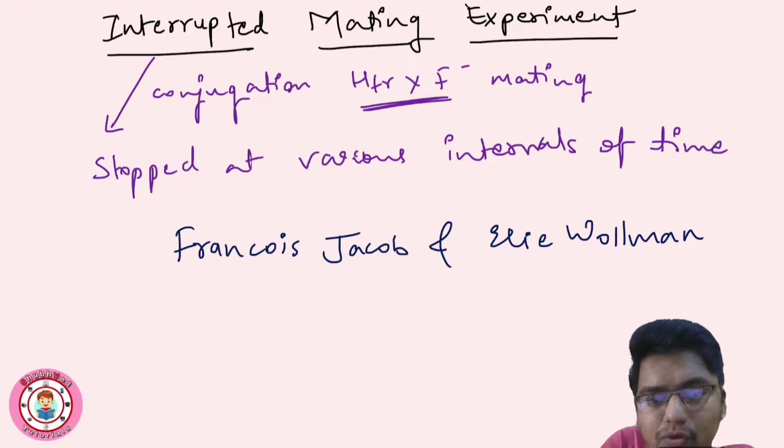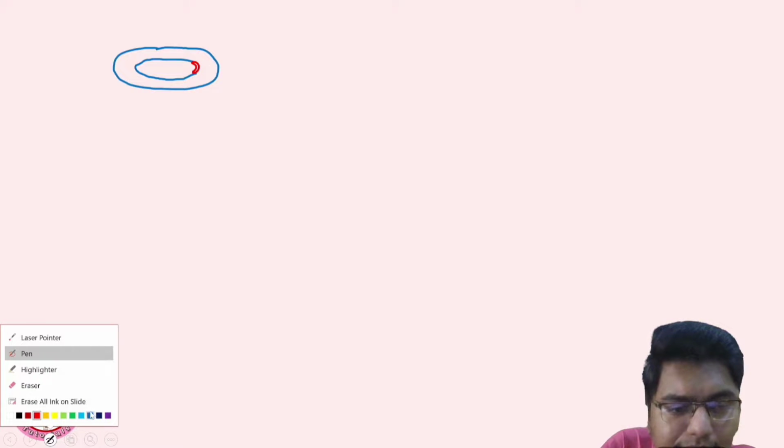interrupted mating. Suppose we take here a bacterial cell. HFR, we know, is the F factor integrated inside the genome. So this is the F factor, the red one, and this is the double stranded DNA, the chromosome of the bacteria, in blue.